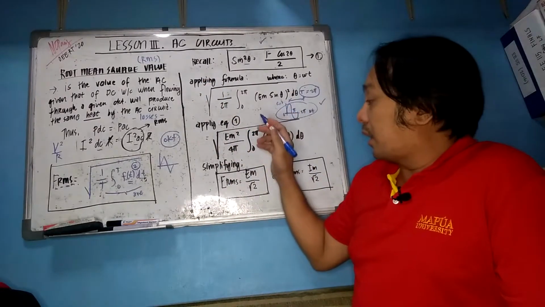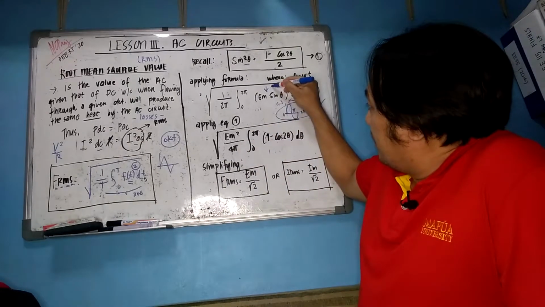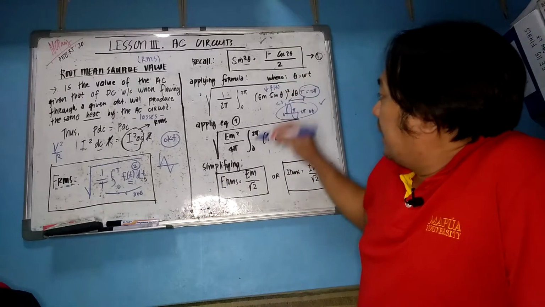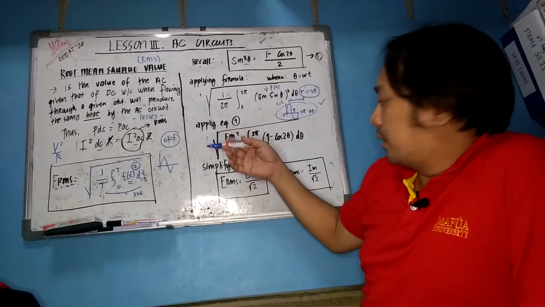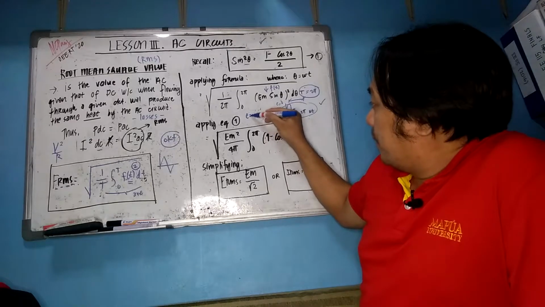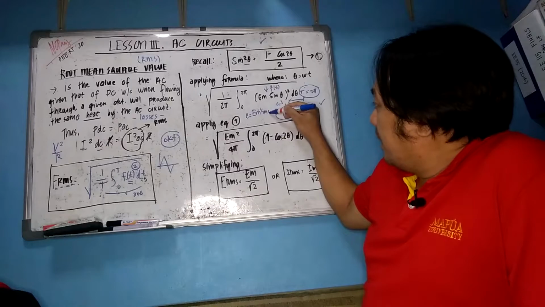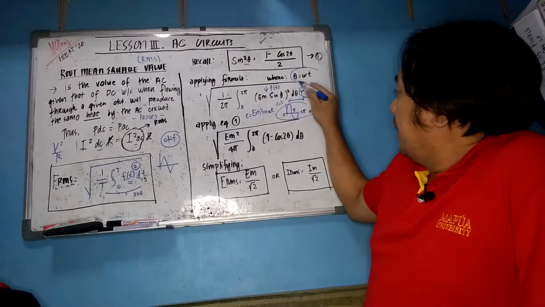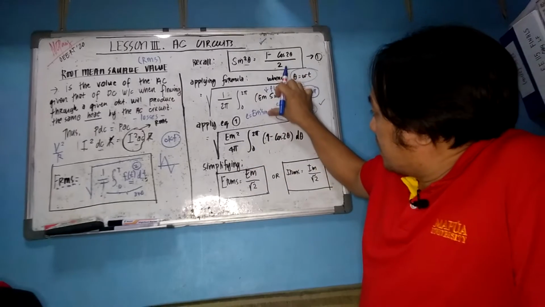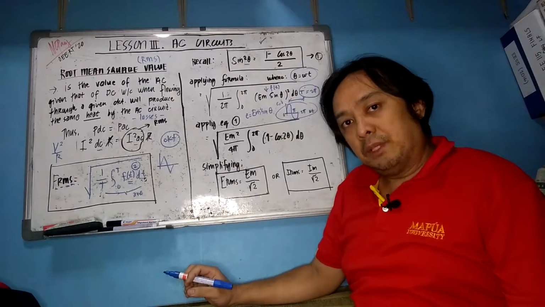And if you can still recall, the f(t), or the function of the signal, in terms of instantaneous voltage and current, you can still recall this one from our previous slide, that is Em sine omega t. But omega t can be theta. So instead of omega t, you can have theta here, the argument.